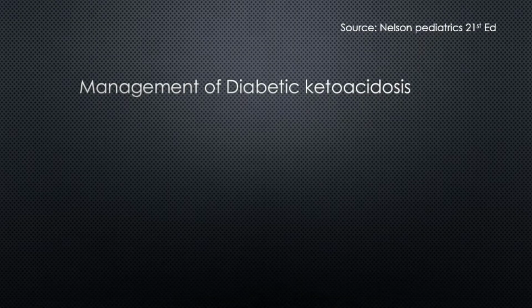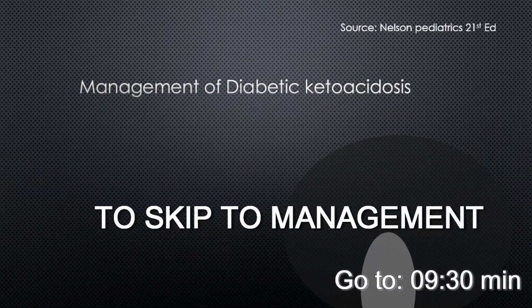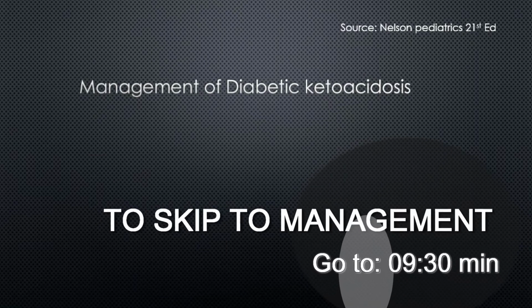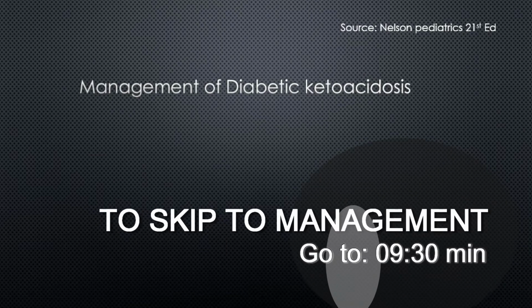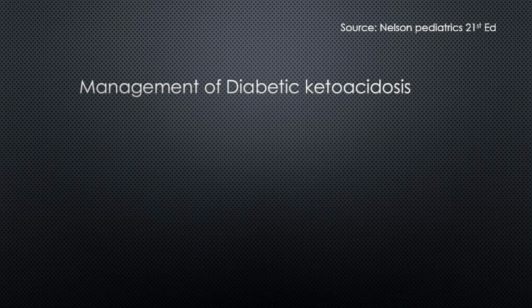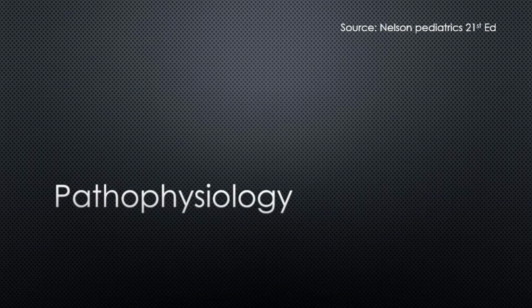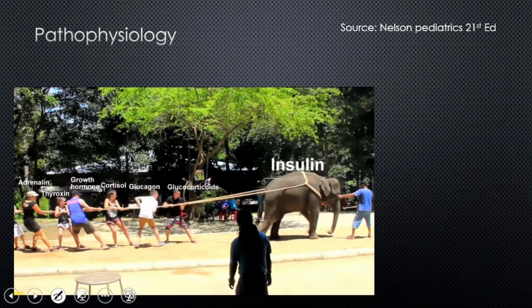Before going into the management of diabetic ketoacidosis, we have to learn something about pathophysiology. I haven't given a detailed view of the pathophysiology, so if you already know it, you can skip to the management part. The hormone in the body responsible for utilization of glucose from the blood is insulin.